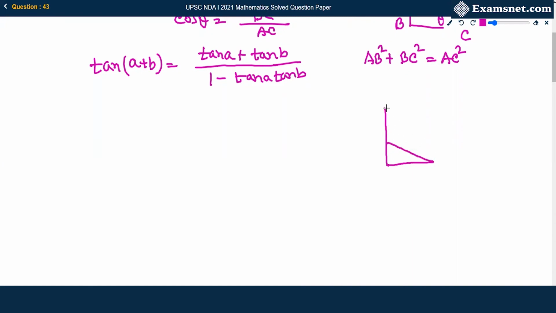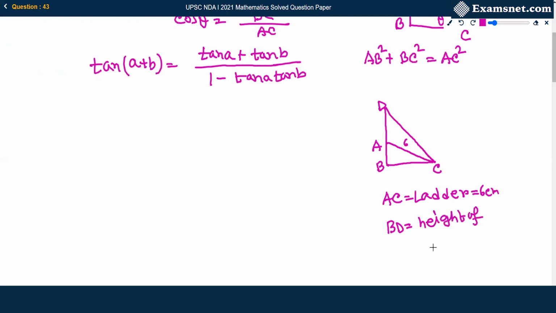So yes, this is the ladder. Now let's join this point. So I can name it A, B, C, D. According to the diagram, AC is the ladder, that is 6 centimeter. Next, BD is the height of the flagstaff.